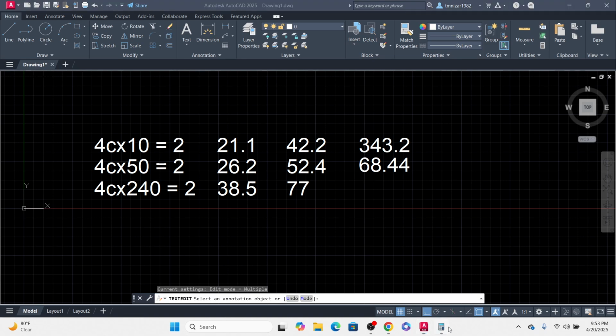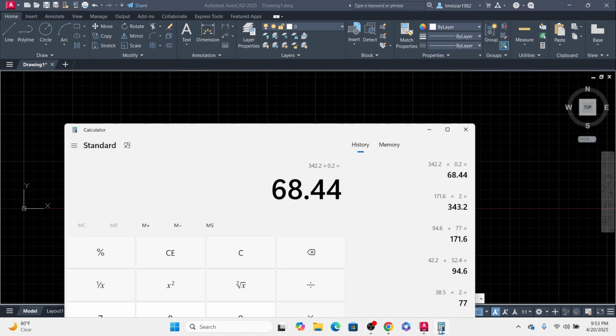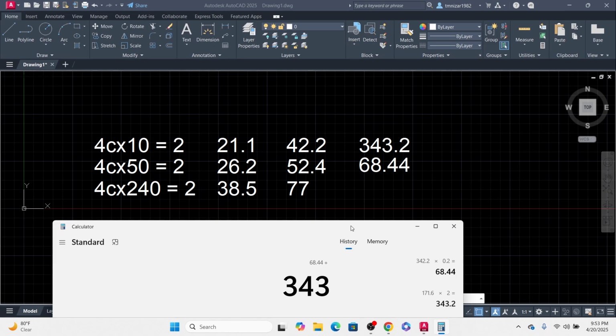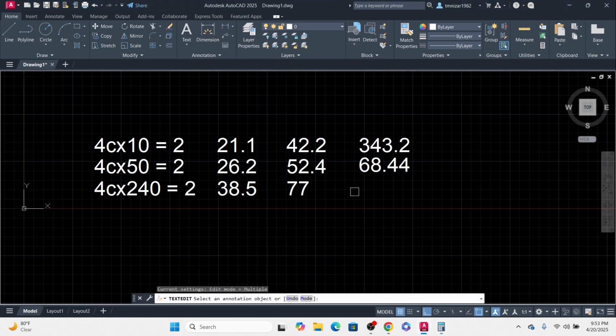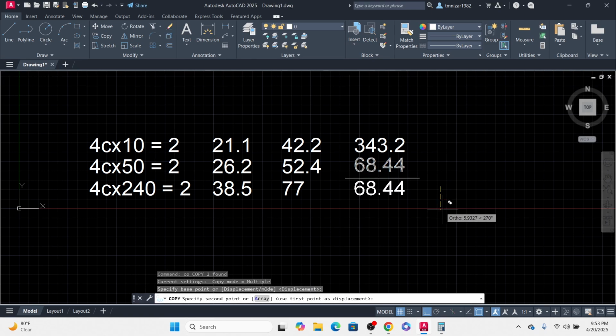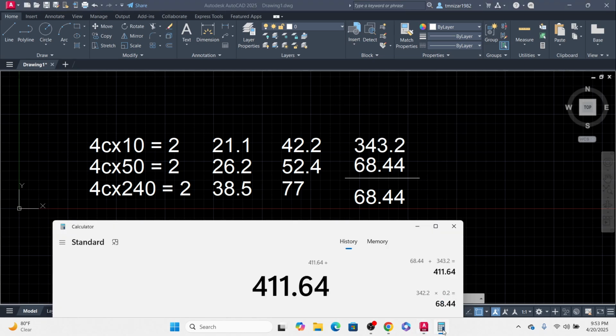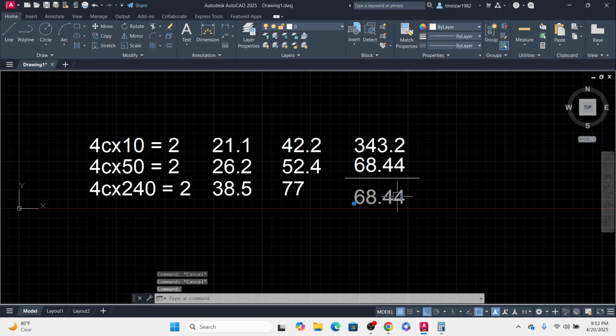Plus 343.2, so I am getting 411.64. This is the total calculation, because these are the cables. I will explain one by one.